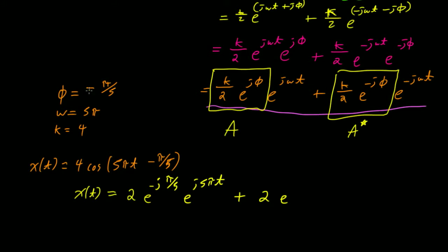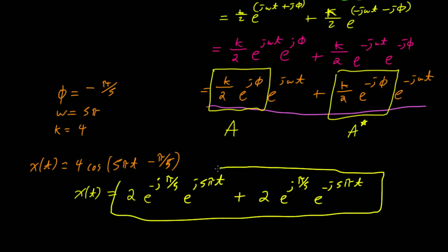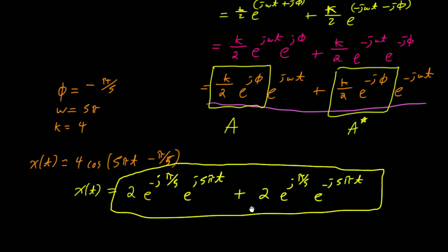Minus j times minus pi over 5 is going to give me positive j pi over 5, and then e to the minus j omega t, e to the minus j 5 pi t. And that's pretty much it. We're done. We've got our sum of complex exponentials.